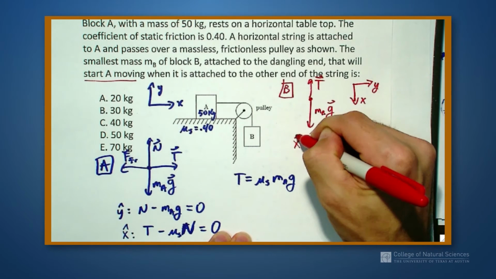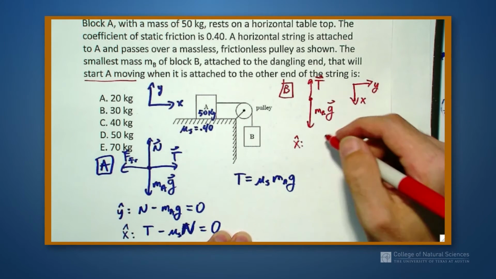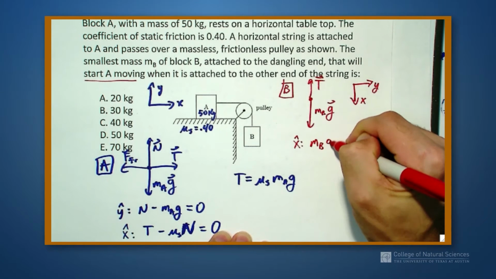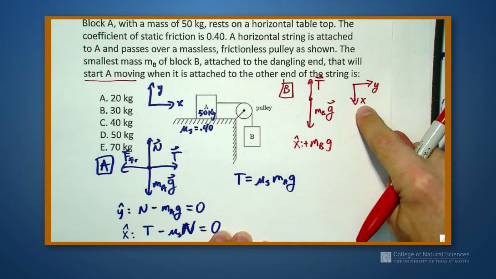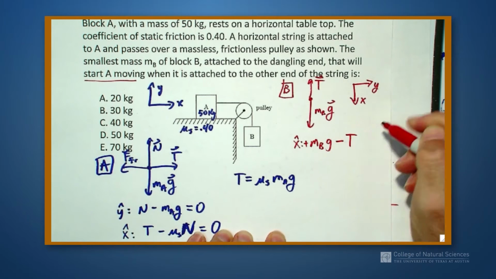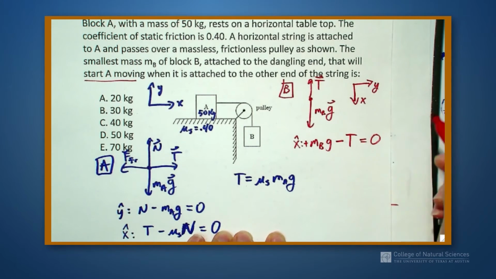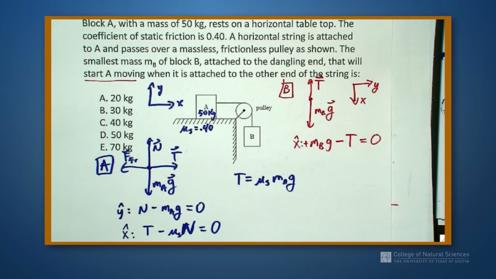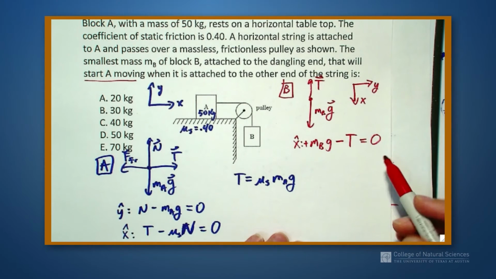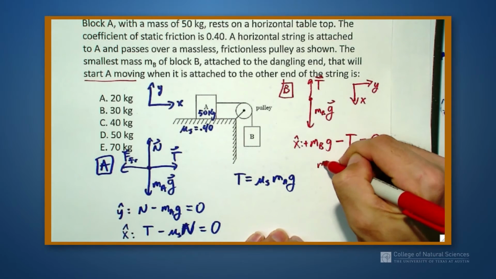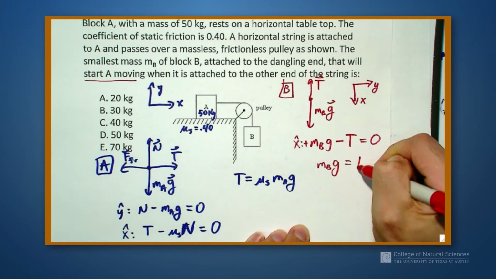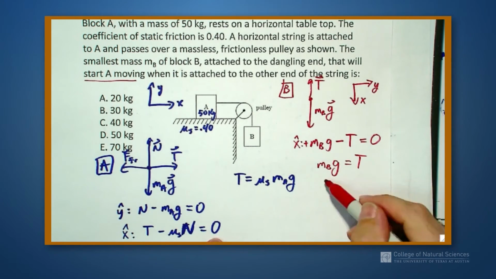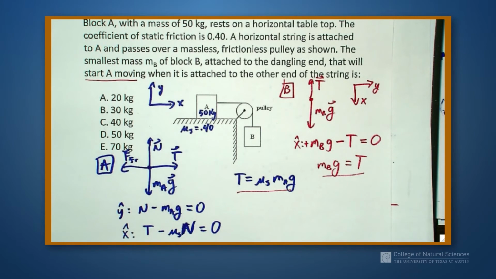So in the direction where I have forces, I know that m B g, a positive value because of my coordinate system, minus my tension force equals 0, because this block is just barely beginning to move, or we're looking at the limiting case where it just doesn't move. At any rate, its acceleration is equal to 0. So m B g is equal to my tension.